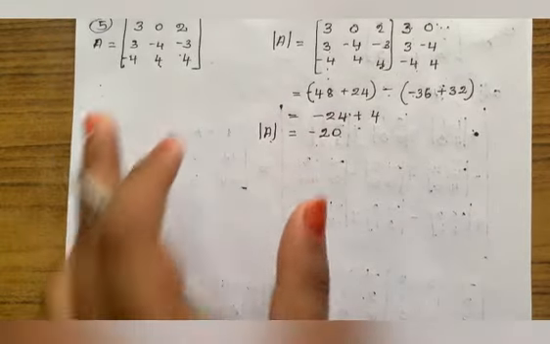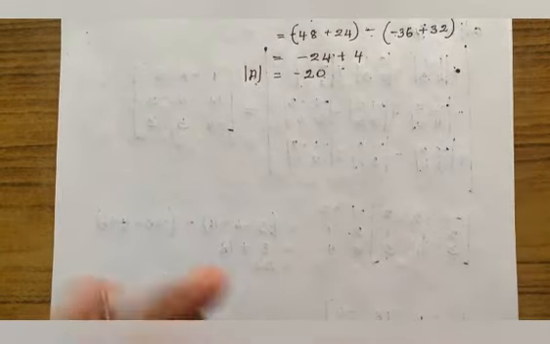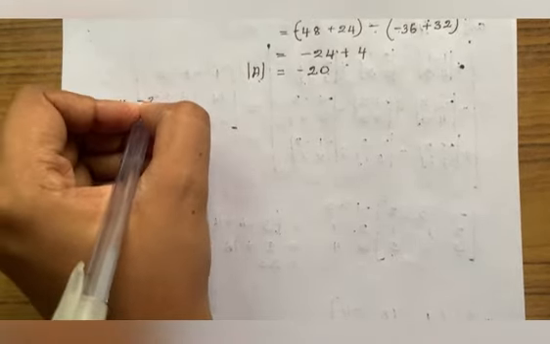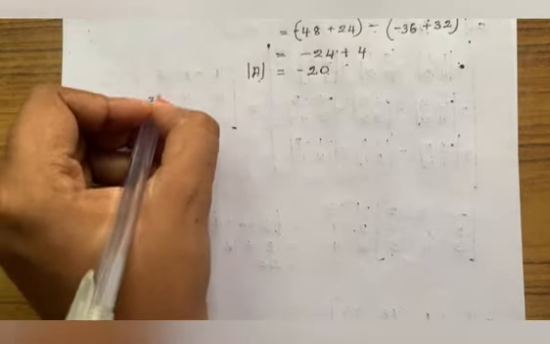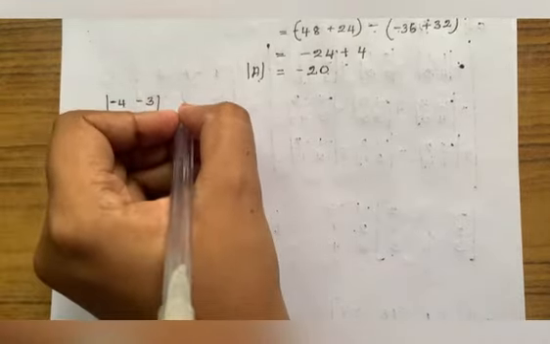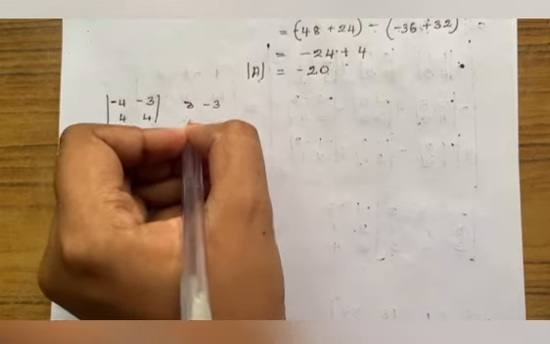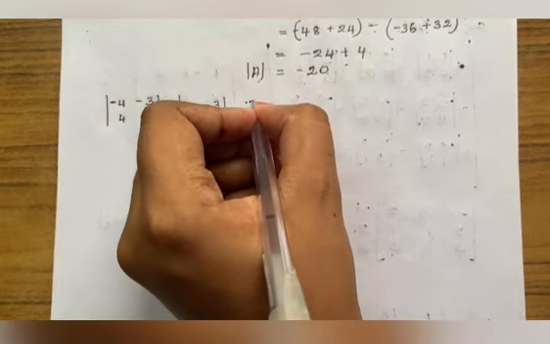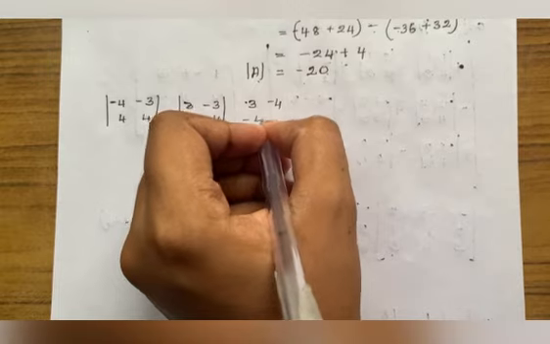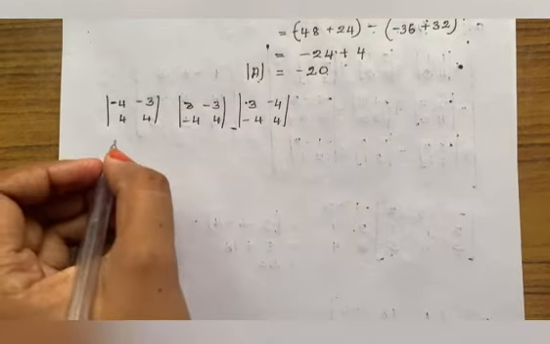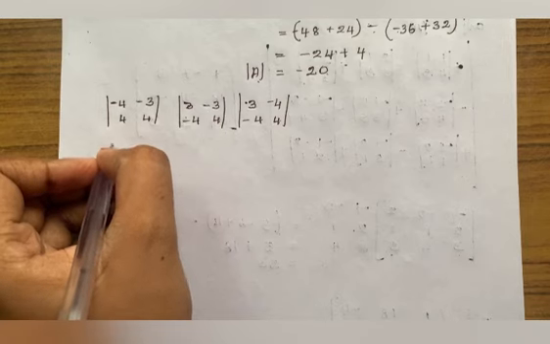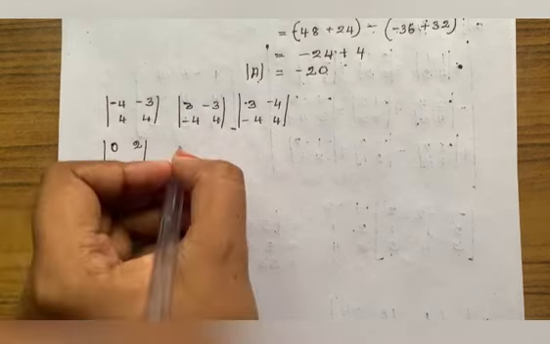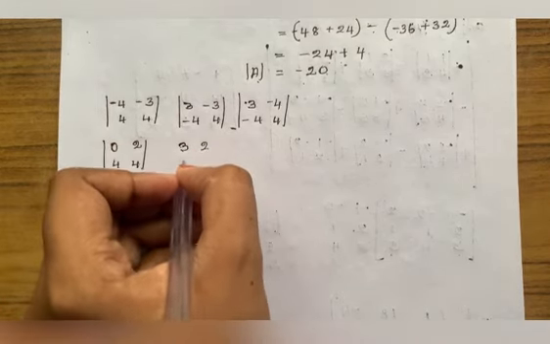So now I'm going to find the adjoint of this matrix. So I am writing by hiding the column and the row which our number belongs to. So you have to be very careful while writing this adjoint, this cofactor, and with the sign. The signs must be very important. So now I'm writing for the second row. So this is for minus 4.